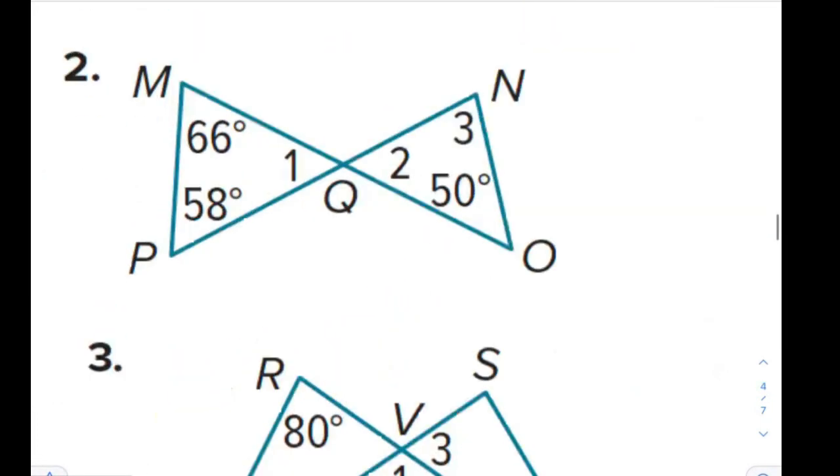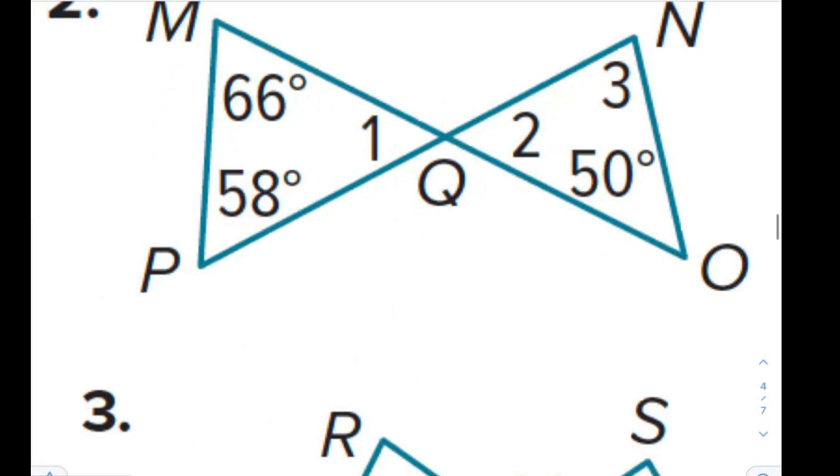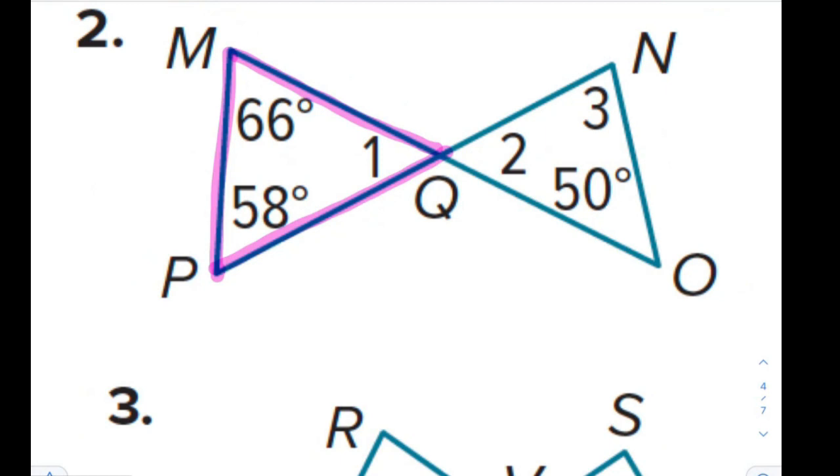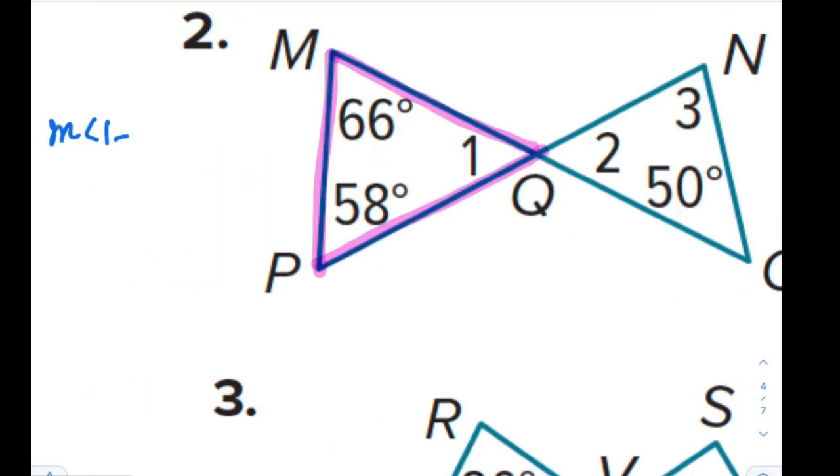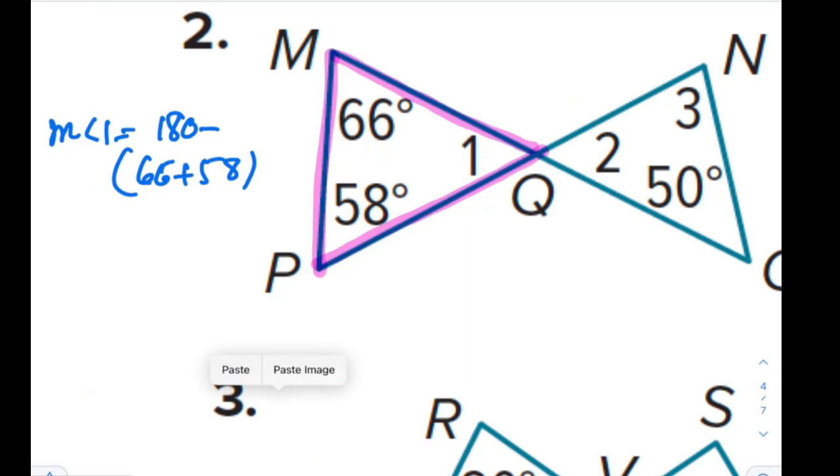Question 2. Now, this is similar to the checking question that we have done. We need angle 1. So what to do? Simply, the measure of angle 1 is 180 minus the sum of the rest of the angles in the same triangle, the interior angles.